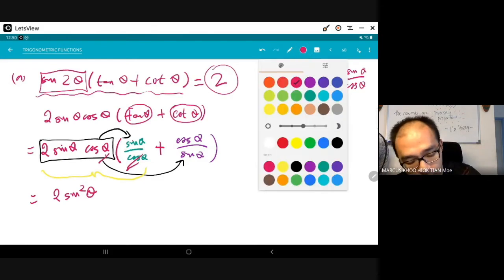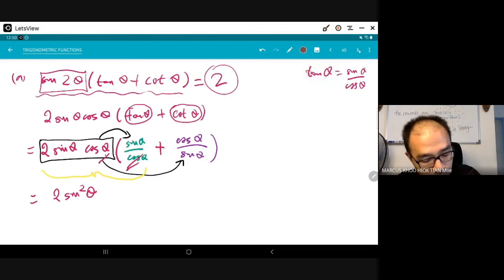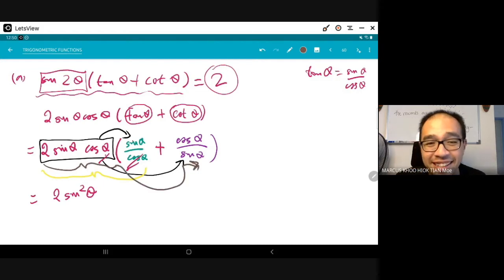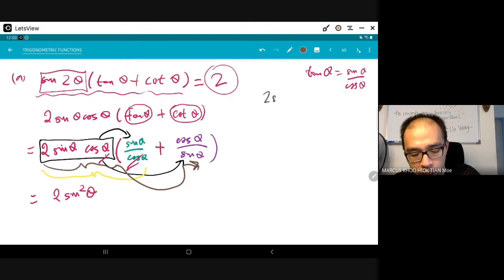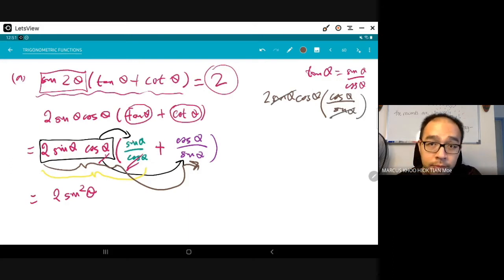Now let's consider the brown side, which is this one and this one. Sorry, so ugly. 2 sine theta cos theta times cos theta over sine theta. The sine theta will be cancelled, so you're going to get plus 2 cos squared theta.